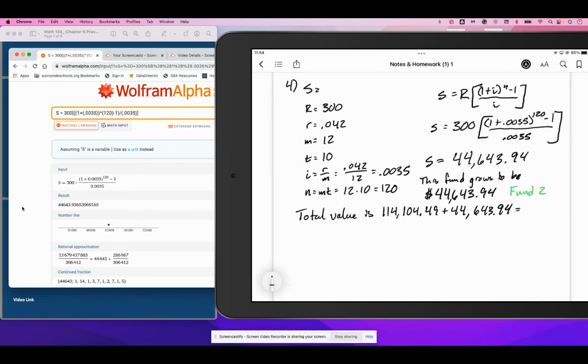And on my calculator, I'll swing that real fast. So 104.49 plus 44,643.94. 158,784. And I'm actually going to move some things around here so I get some more room.